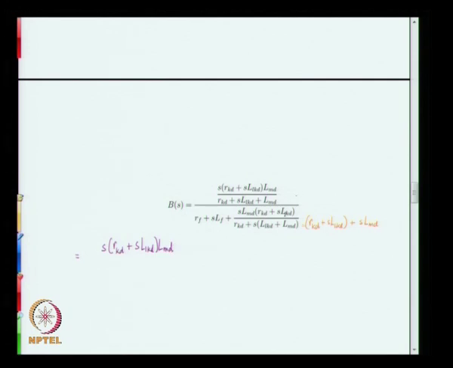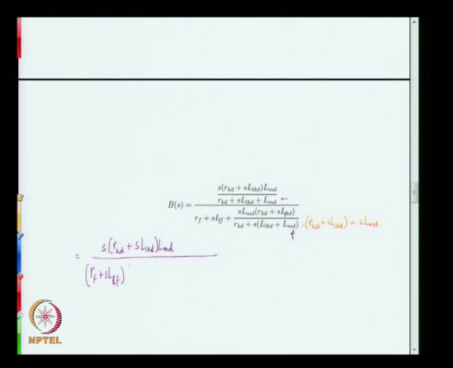Note that this denominator is the same as this denominator, and therefore, if we now multiply the denominator out, what you have is RF plus SLF. This should actually be SLLF, that is the leakage inductance of the field.